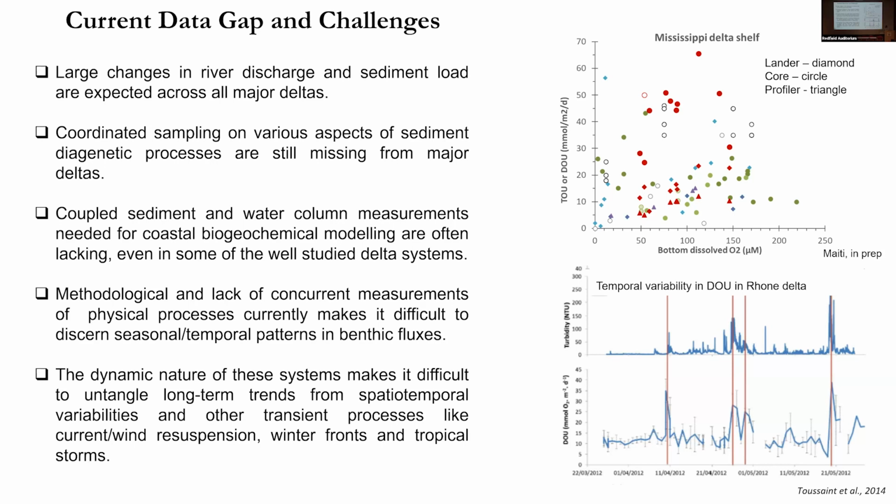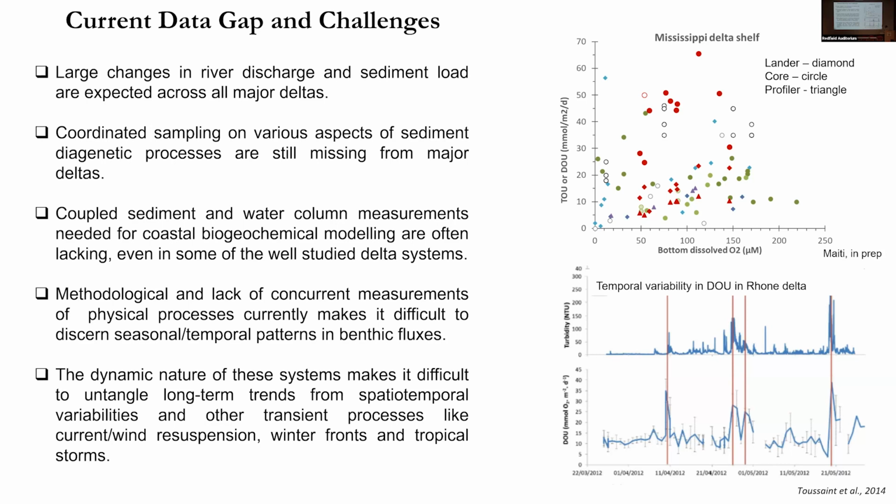And often people fall back on some kind of linear relationship. We can see right here, TOU versus bottom dissolved oxygen. If you just look at the overall data, there is a negative trend, right? The lower the bottom oxygen, the less the oxygen consumption, which makes sense. But when you start looking at the individual data points and try to come up with a single trend, there is none.